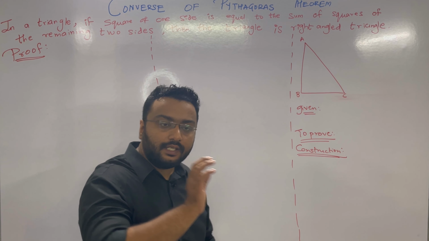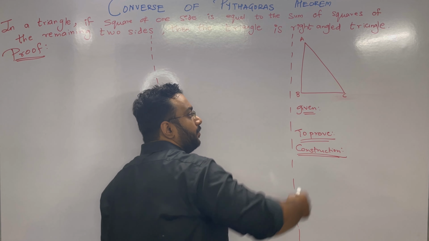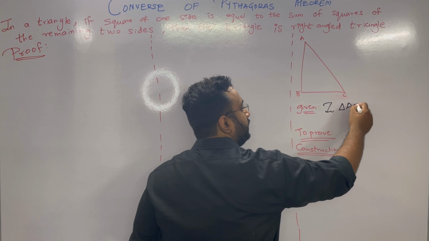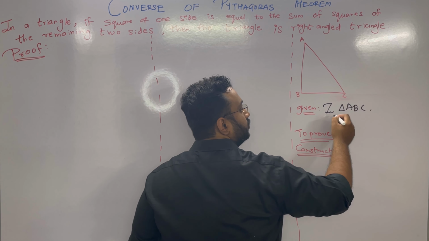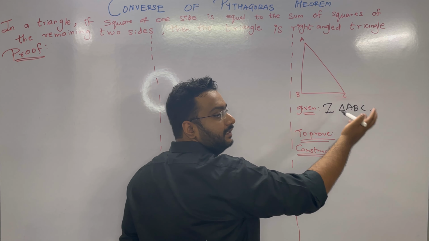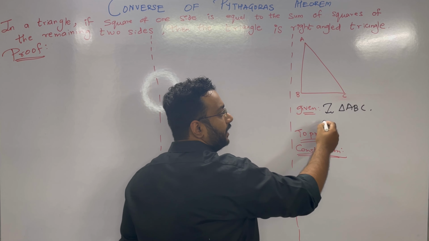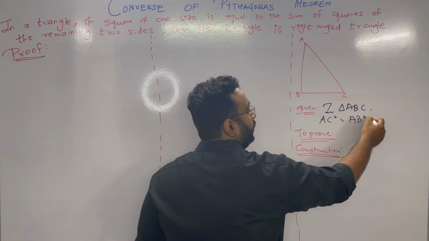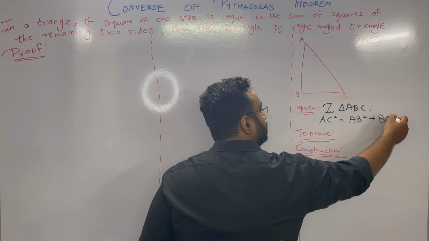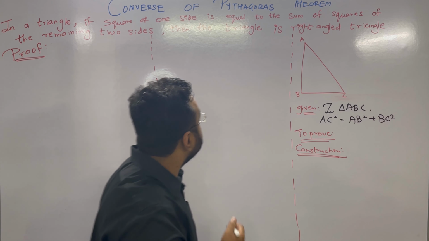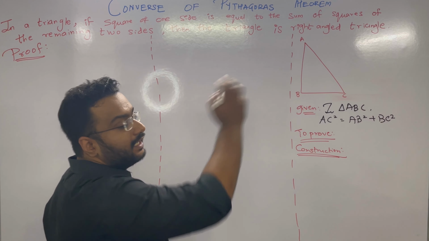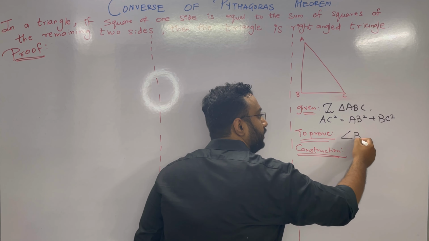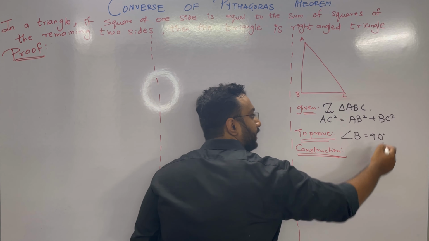That means here, in triangle ABC, the sum of the squares of the remaining two sides is equal to the square of one side. So if you observe, AC square is equal to AB square plus BC square. This is the given information. Then what happens? Then the triangle is a right angle triangle. So if you observe here, angle B will be equal to 90 degrees. Then it is a right angle triangle.